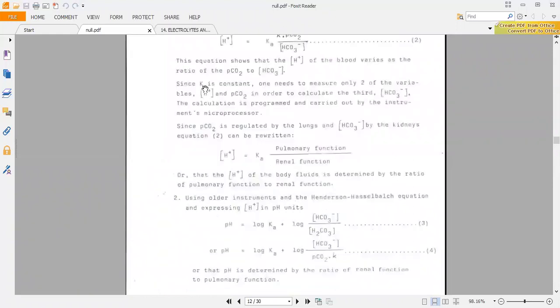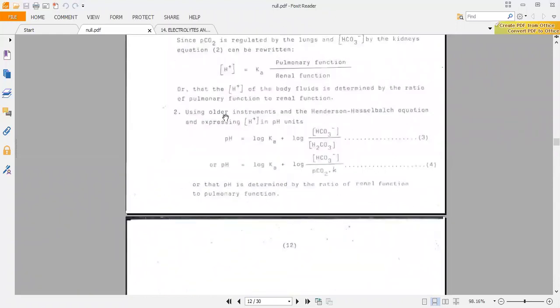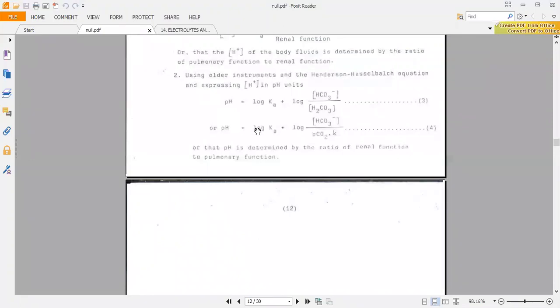Good. So I showed you guys this equation. Okay, the equation of the bicarbonate buffer. So this ratio over there, which is HCO3 minus divided by the partial pressure of carbon dioxide.